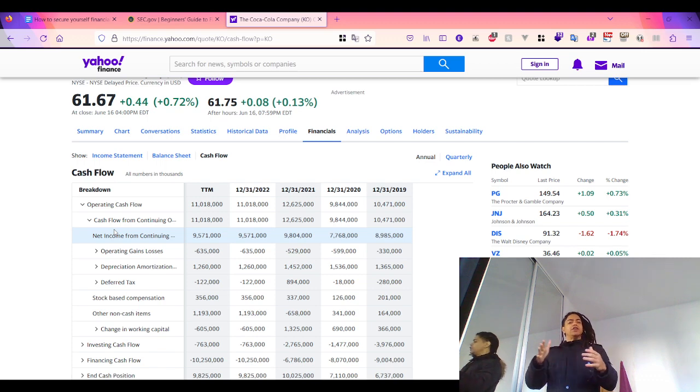And warranty obligations. Warranty obligations are obligations that a company has to fix or replace a defective product.